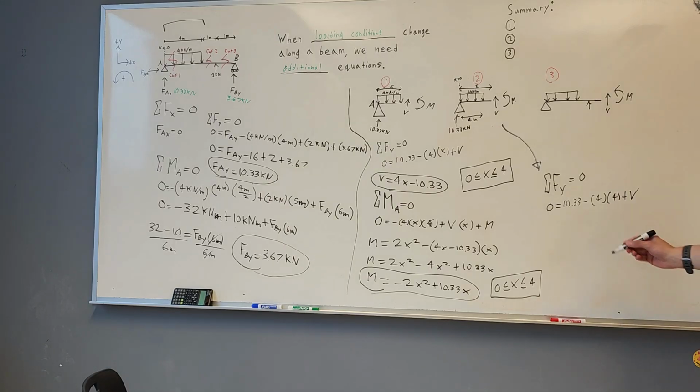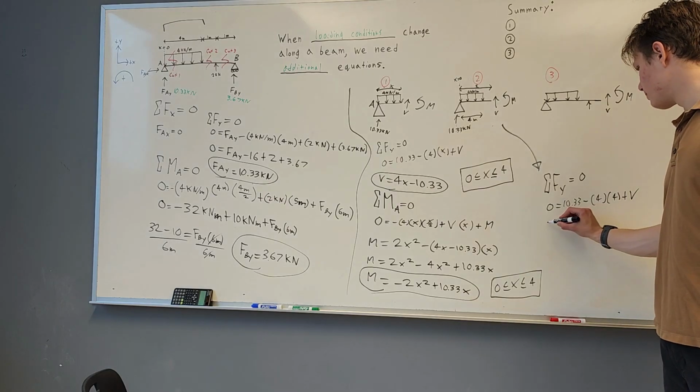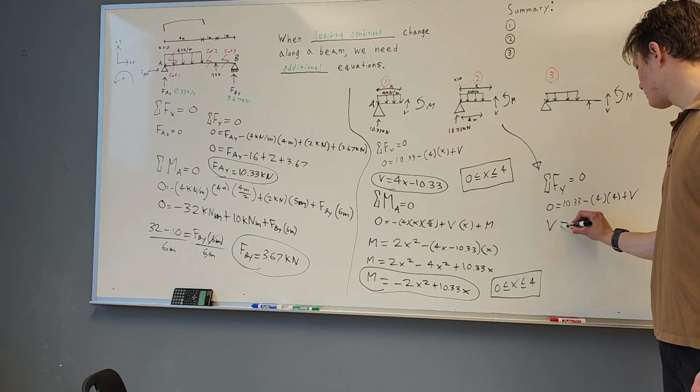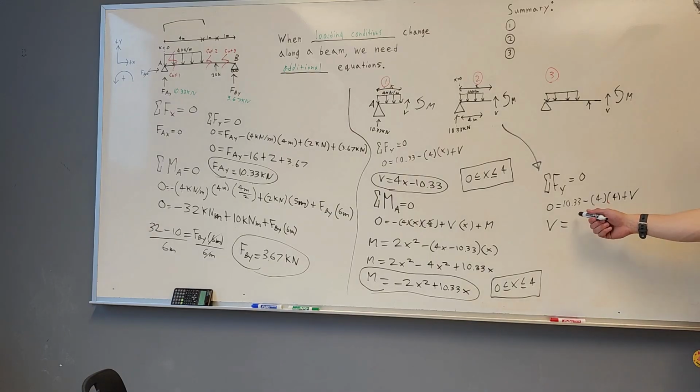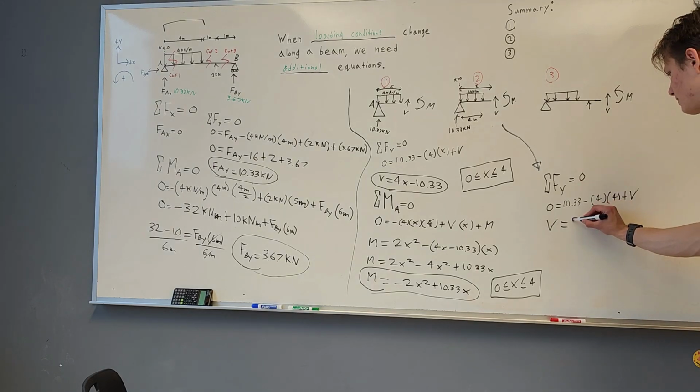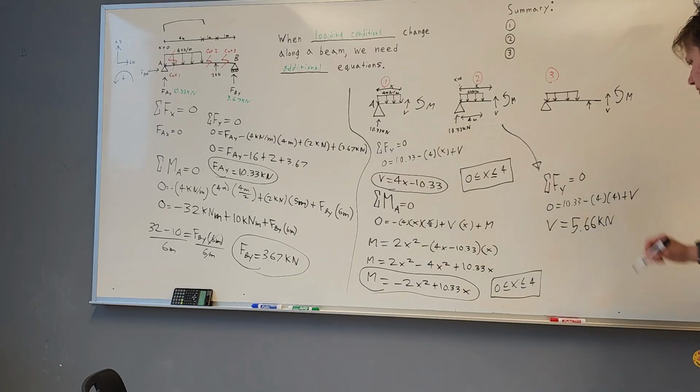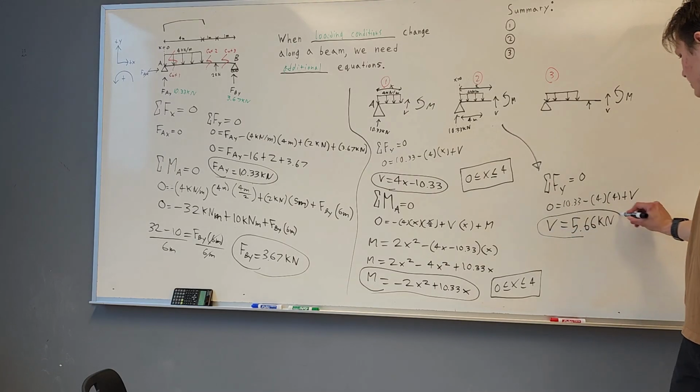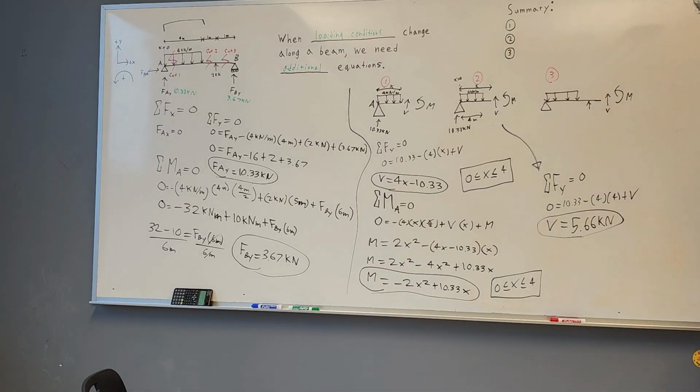And so you'll notice that when we solve for v, we will get 10.33 take away 16, that gives us negative 5.66, move it to the other side. V is equal to 5.66 kilonewtons. And so you may be wondering, why do we not have an x in here?